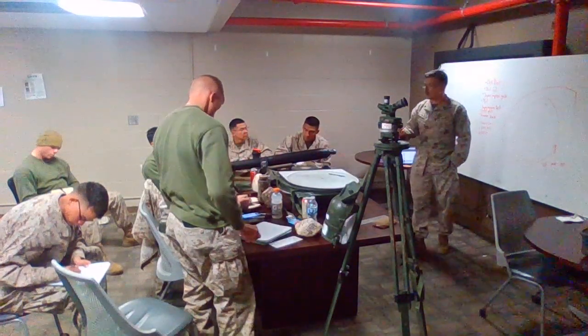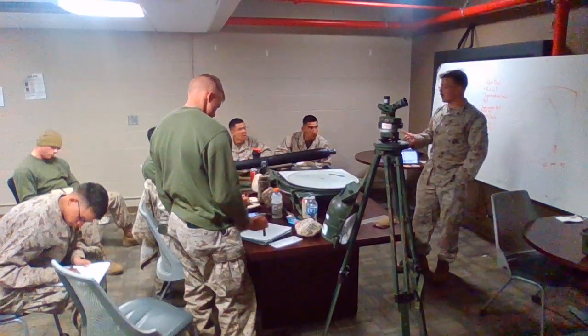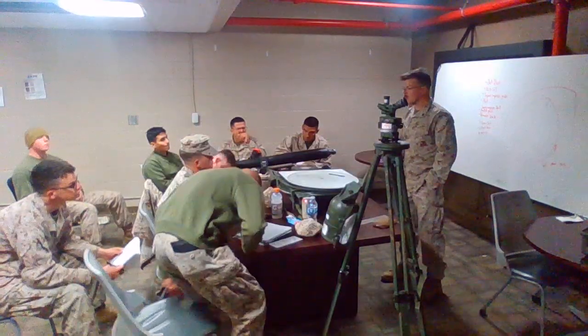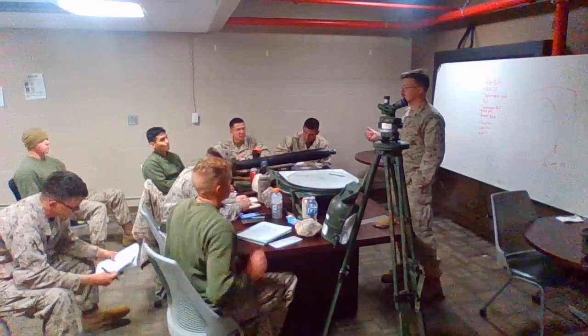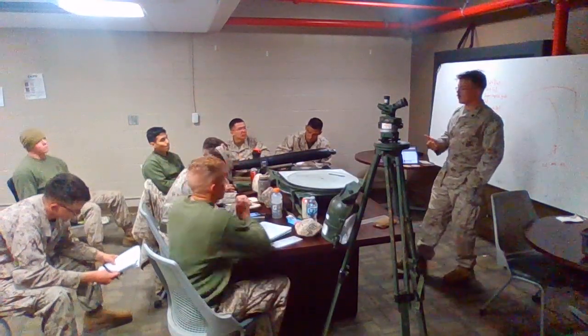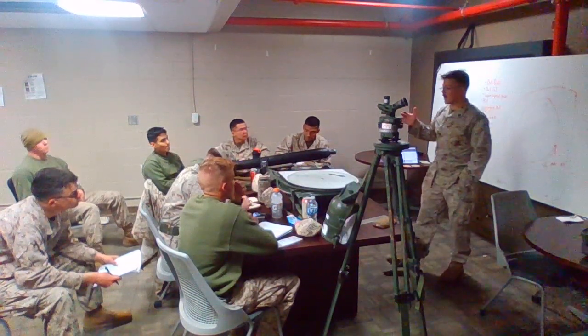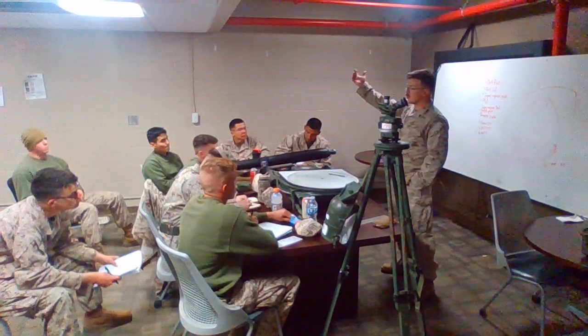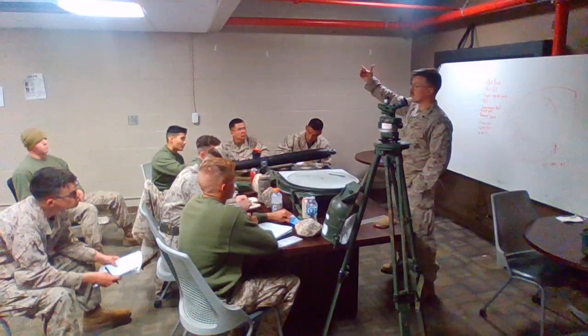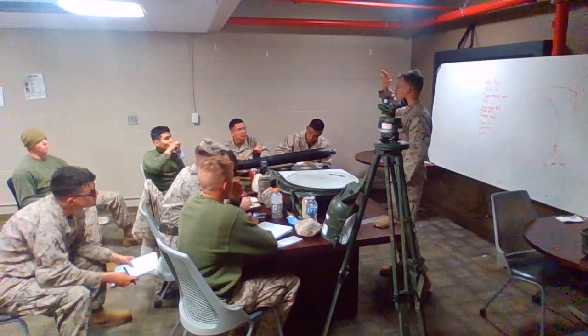You're set up on the west end of Quack Pass, about 600 meters from the adjacent units. All right? Your suspected enemy is coming from that west end of Quack Pass, about 1.6 kilometers to the north.